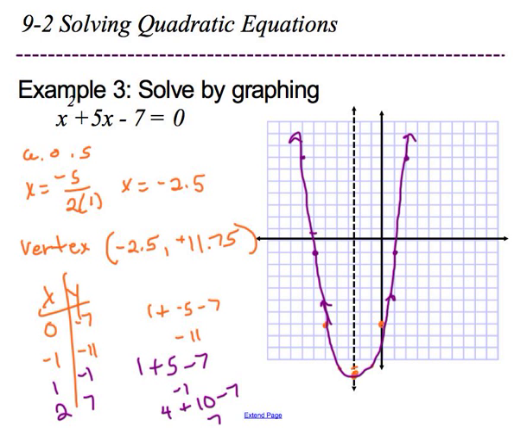It crosses the x-axis here, so x must be between negative 6 and negative 7, and between 1 and 2. And that's our answer. Not too fun. We need a better strategy.